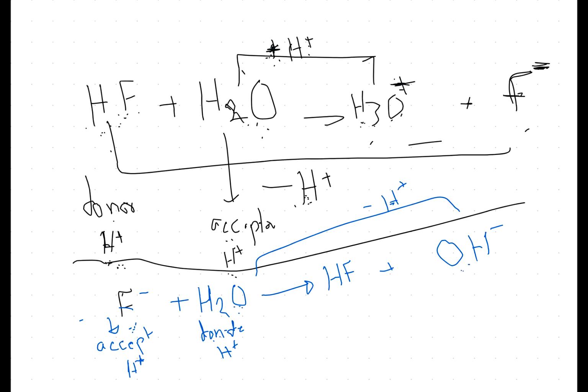The product is what will appear after we donate or accept. Fluorine here has no hydrogen. So it's ready to accept any donation. So she accepted the donation and now she is HF. While water donates the H plus, we will take away from it H and it will be OH minus.